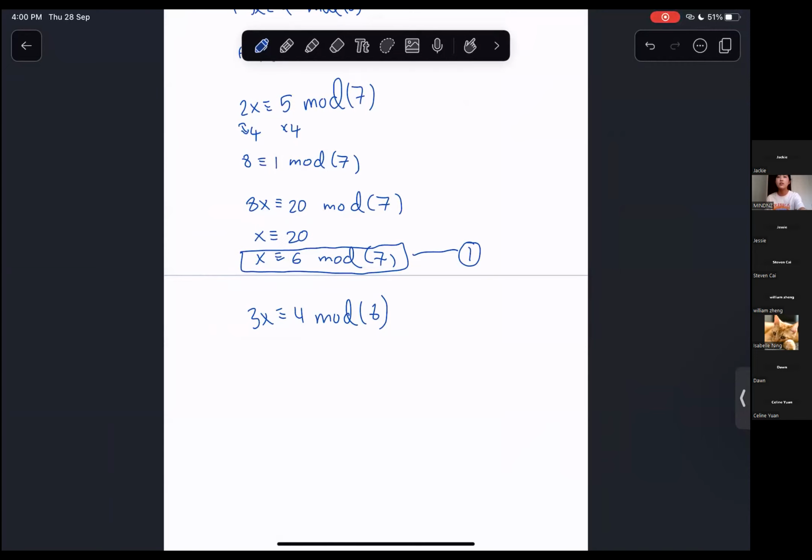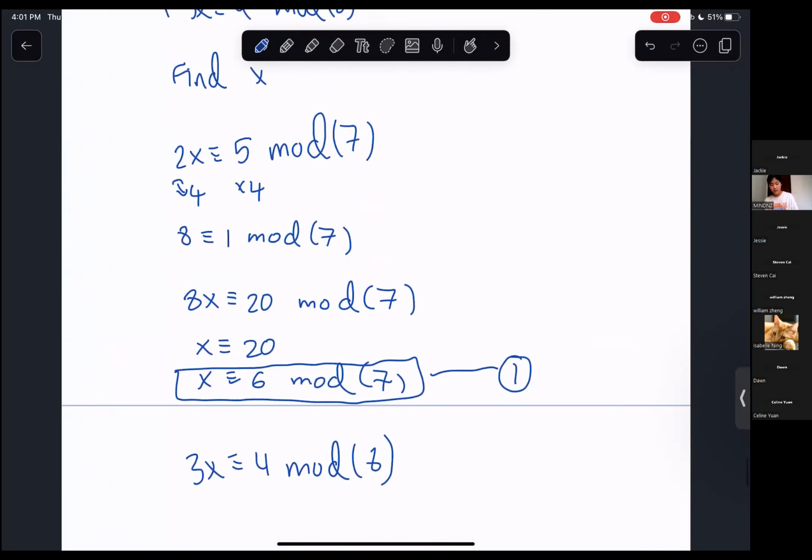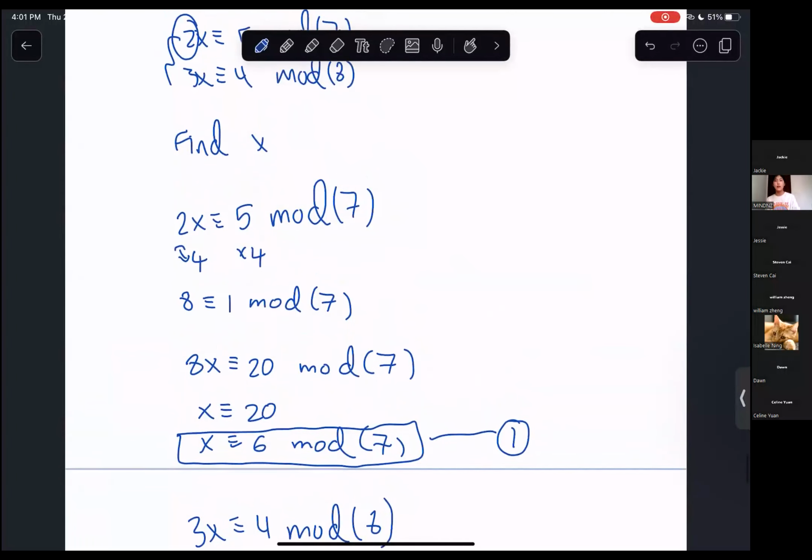Yeah. Okay, really good job. Isn't it 8? No, not necessarily, because 8 is congruent to 1 mod 7, right? If we think about it, 8 minus 1 is congruent to 0 mod 7, and that's pretty obvious because 7 is congruent to 0 mod 7.